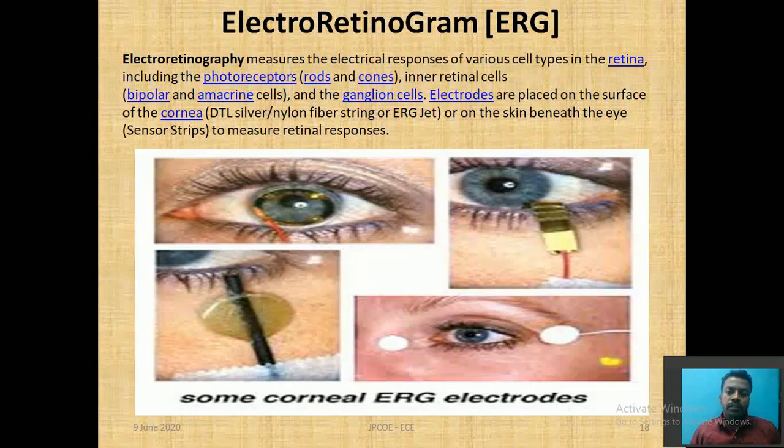The action potential from these different cells is measured, and that is called the electroretinogram, ERG. It is used to measure the performance of eye activity.